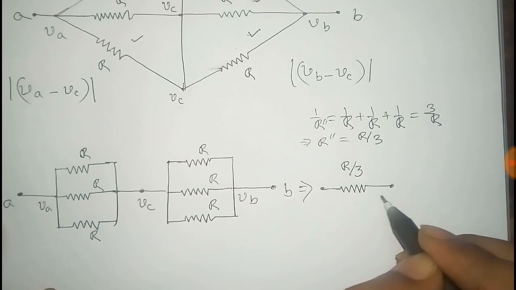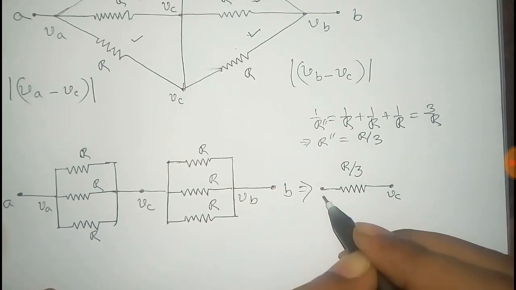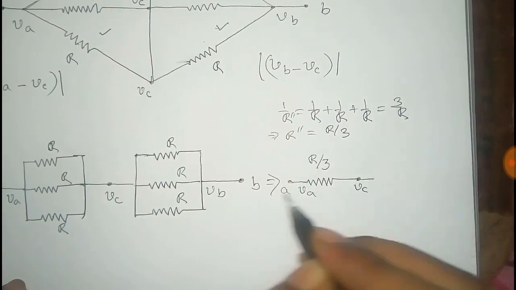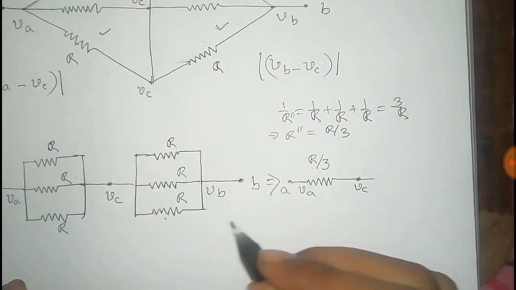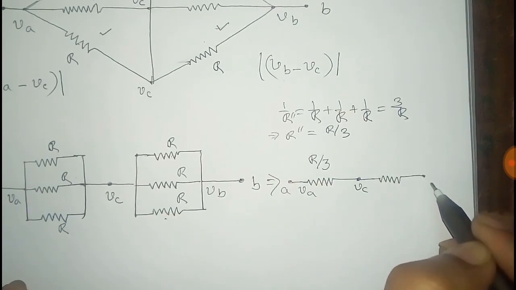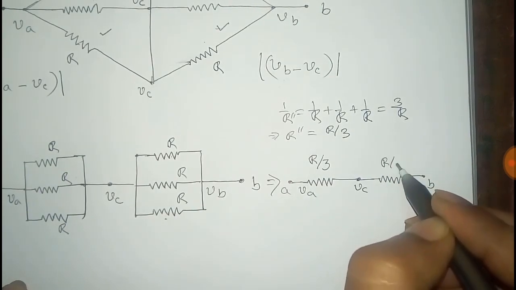Similarly for these three resistances in parallel, the equivalent resistance is also R by 3.